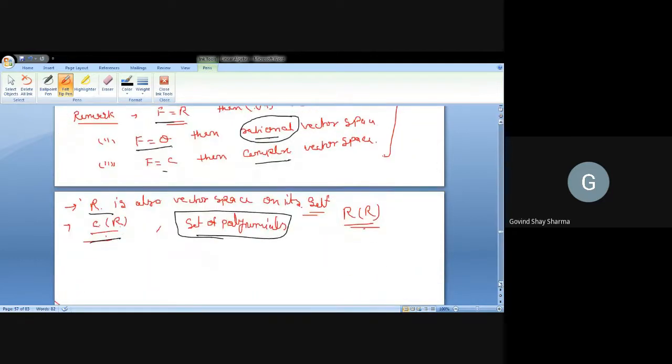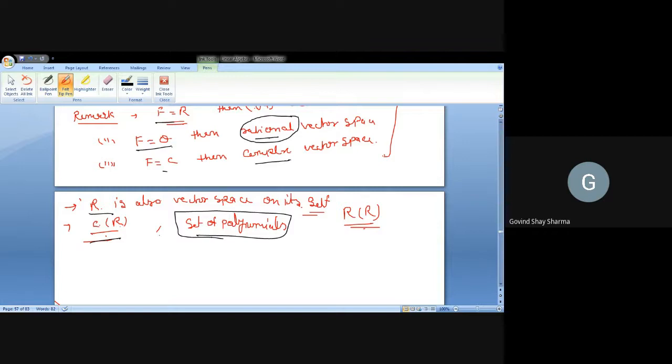Now here are some examples of vector spaces. Okay, students, now the set of polynomials.